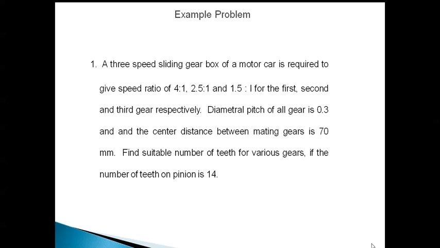The diametral pitch of all gears is 0.3 and the center distance between the mating gears is 70 mm. Find the suitable number of teeth for various gears, if the number of teeth on pinion is 14.